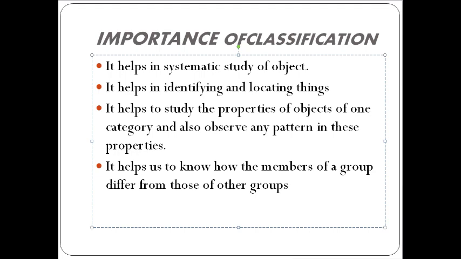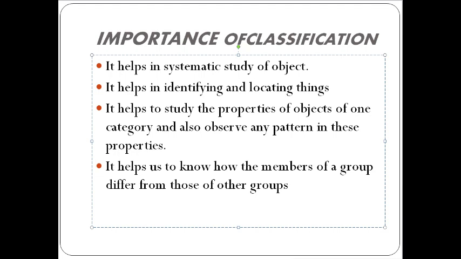So let's learn the importance of classification. Classification has the following advantages. It helps us in a systematic study of objects. If the objects are arranged in a proper systematic arrangement, we can study them properly. It helps in identifying and locating things.